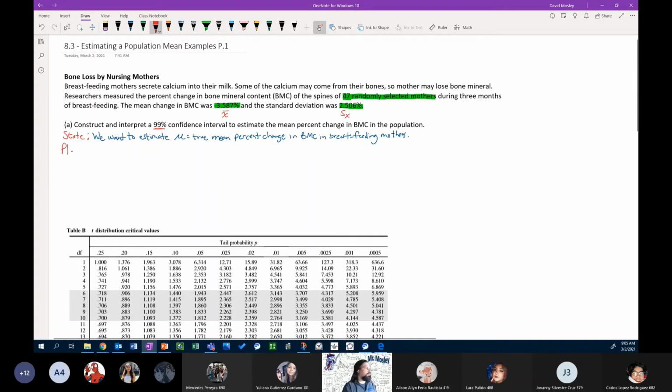We are going to plan. If conditions are met, we will use the 1 sample t interval for population means.